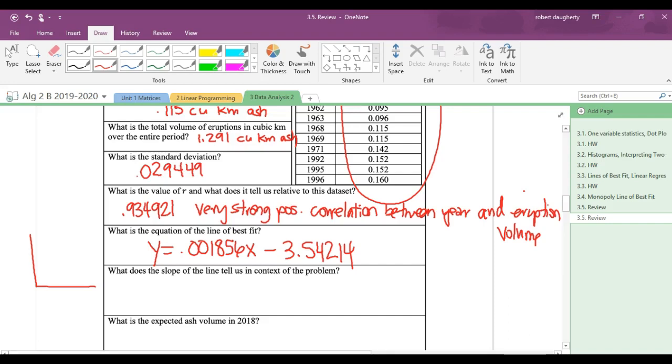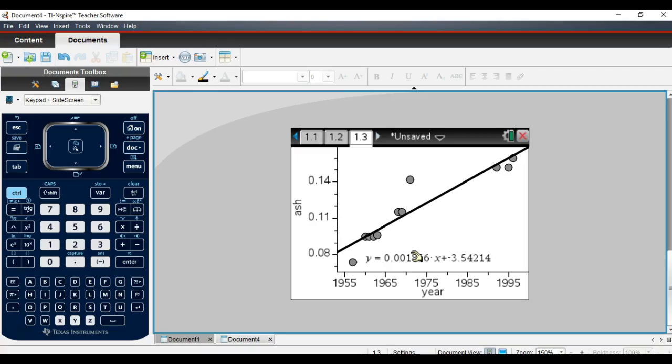So if I go back to it, what does the slope of the line tell me is what I'm trying to answer here. Well, my horizontal axis is year, vertical is ASH. So the slope tells me the change in ASH. Remember, slope is change in Y over change in X. Change in ASH versus change in year.